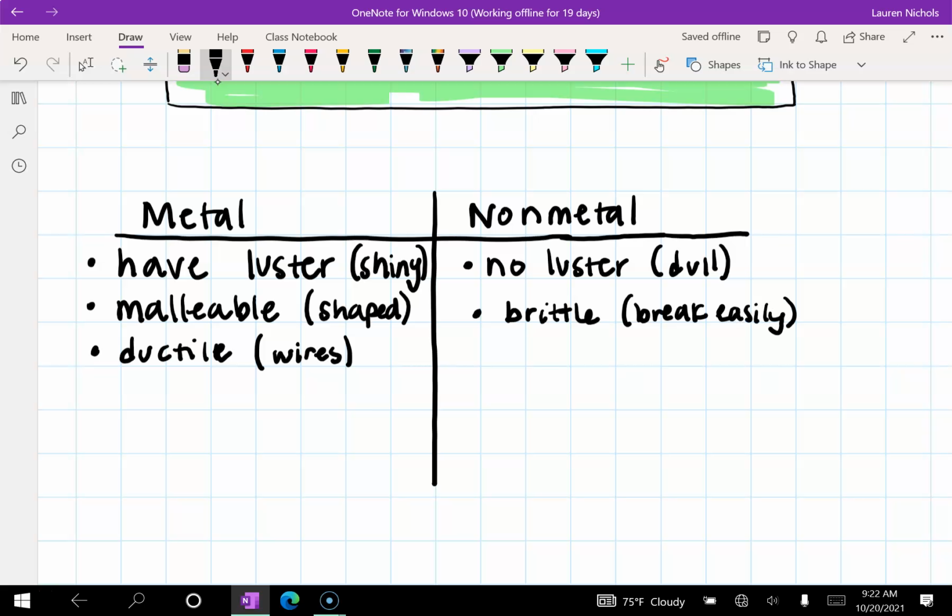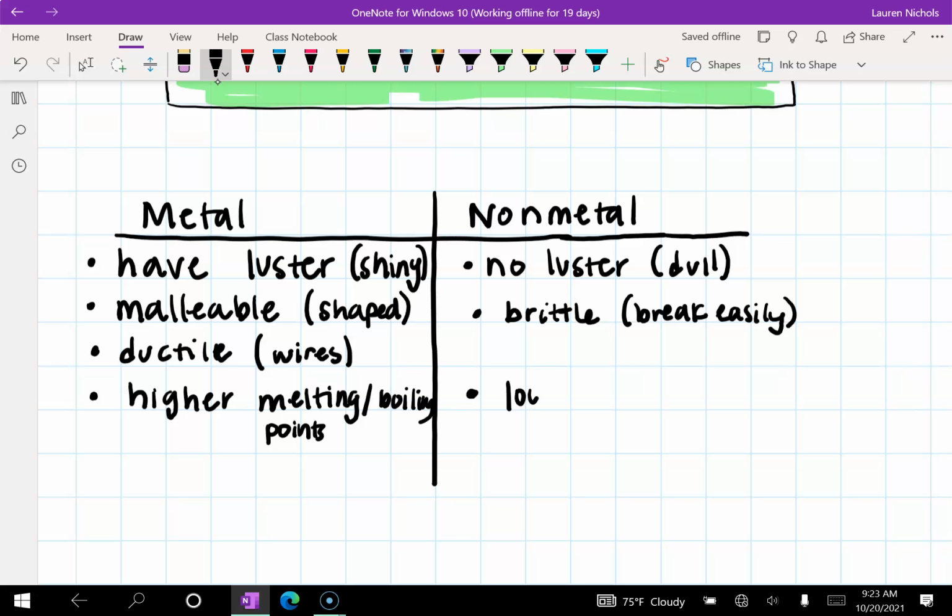Metals tend to have higher melting and boiling points. So think about gold versus oxygen. We know that oxygen at room temperature is a gas, whereas gold is a solid. So that means not only has oxygen already melted, it has also already boiled, and gold is not even close to melting yet.